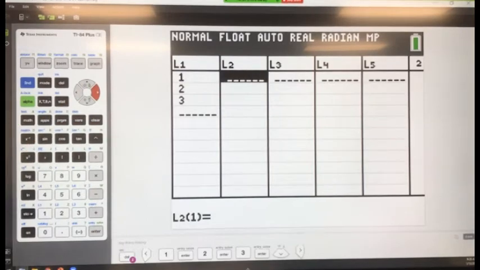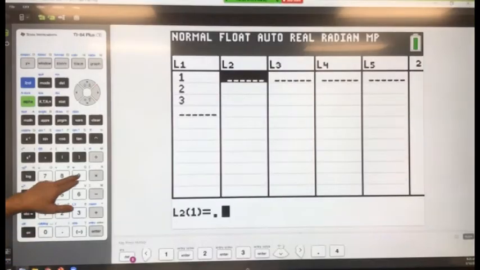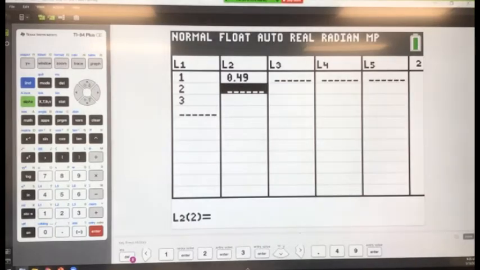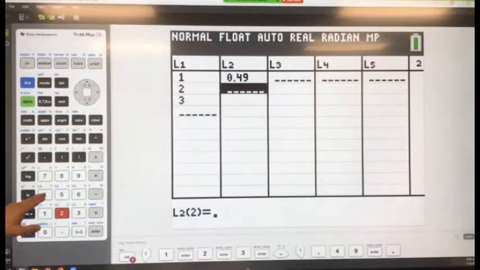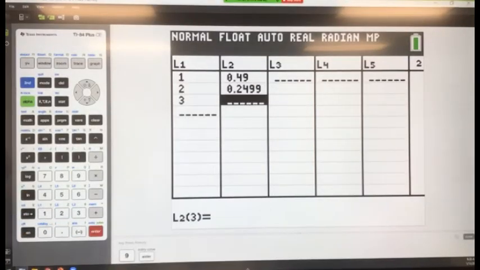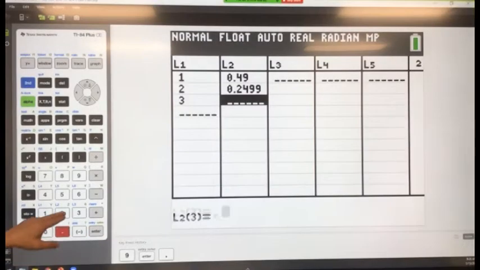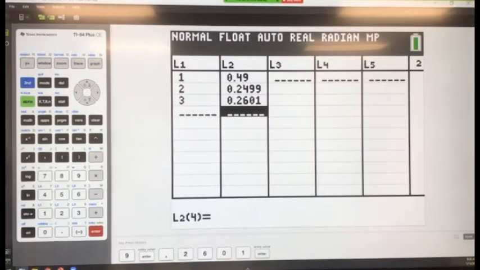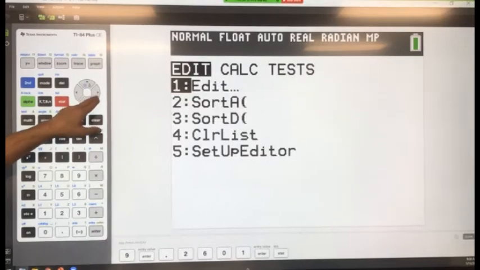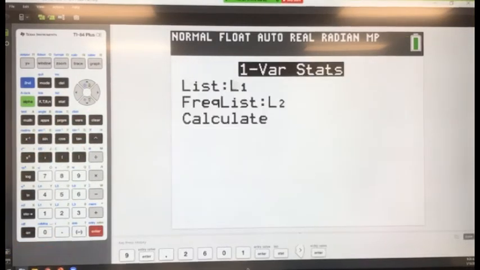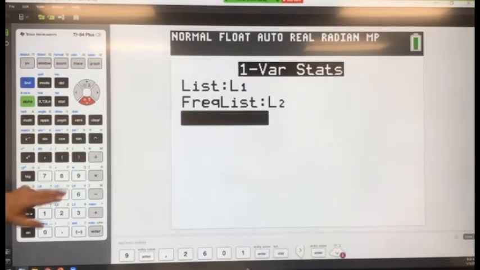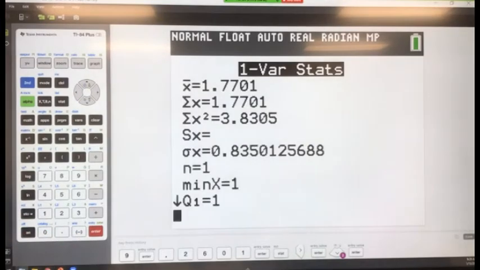Probability of 1 was 0.49. 2 was 0.2499. And 3 was 0.2601. Stats, calculate, 1 bars, list is L1, frequency list is L2, and calculate.